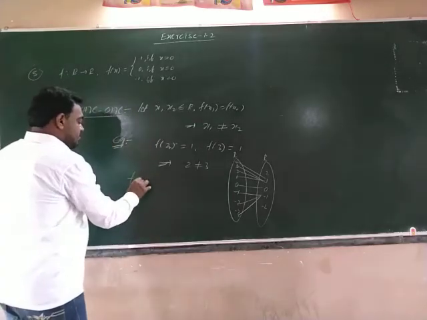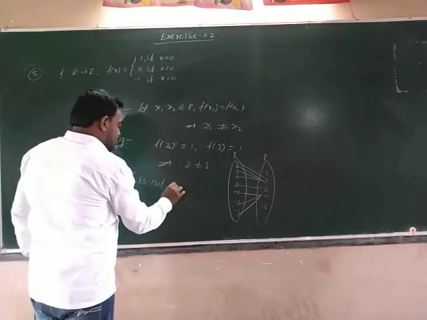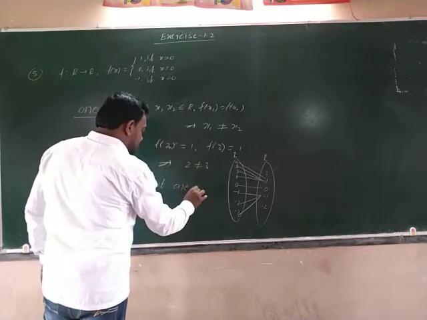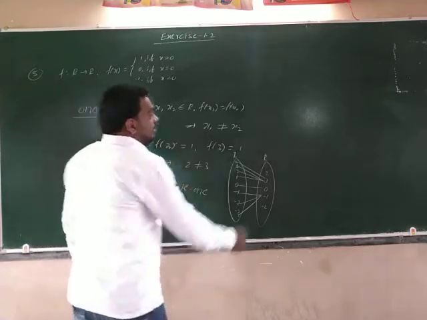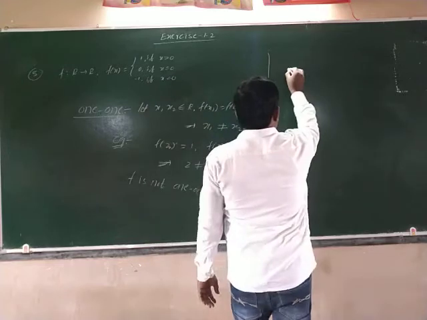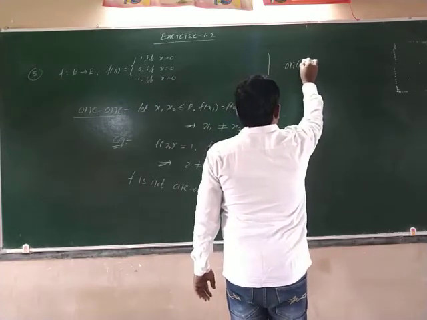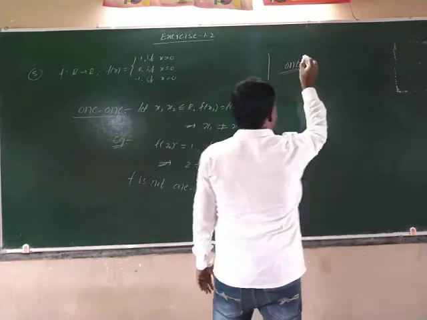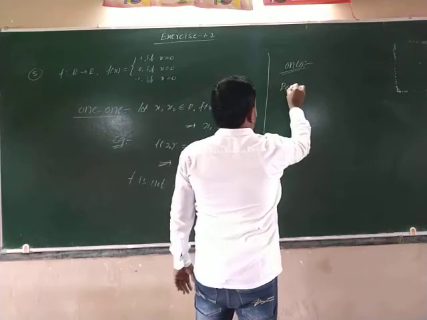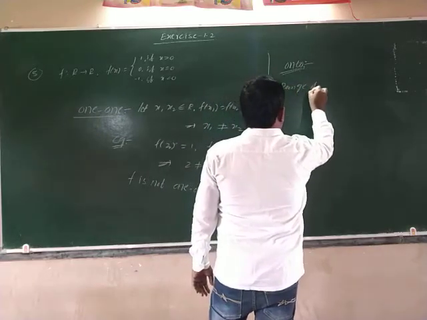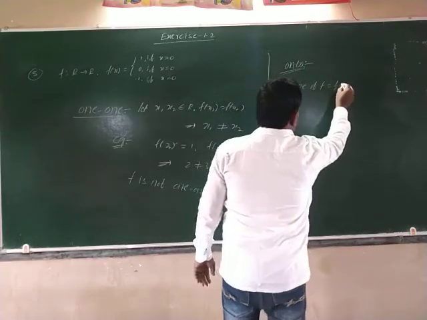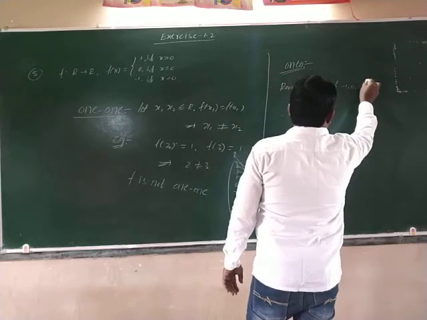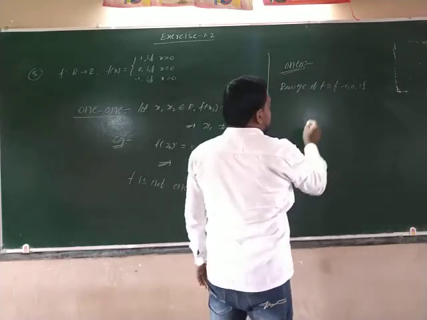Therefore, f is not a one-one function. And when you are checking onto, the range of f is equal to the set of minus 1, 0, 1 only.